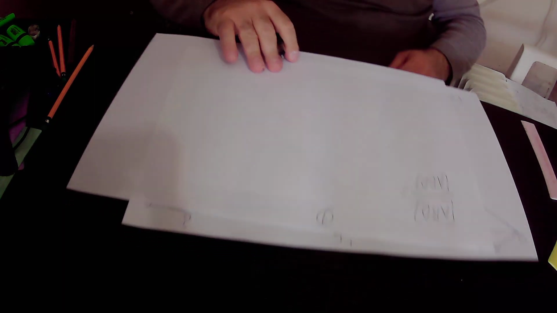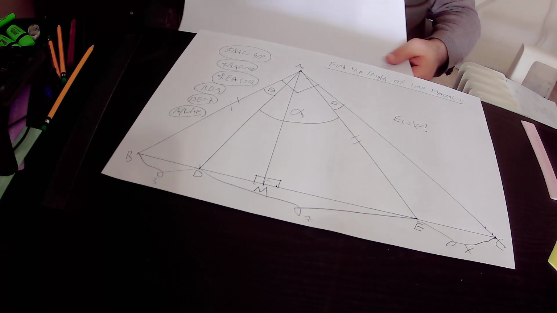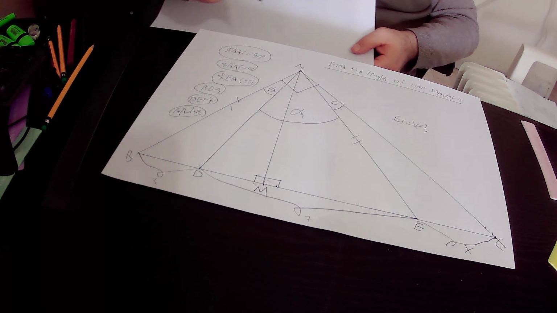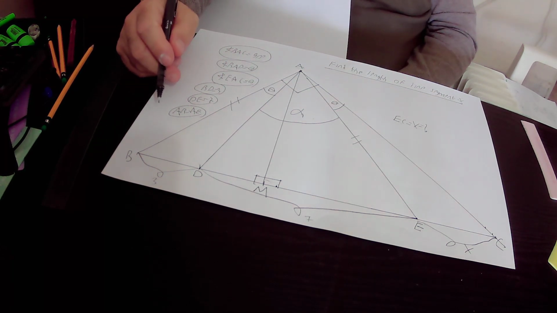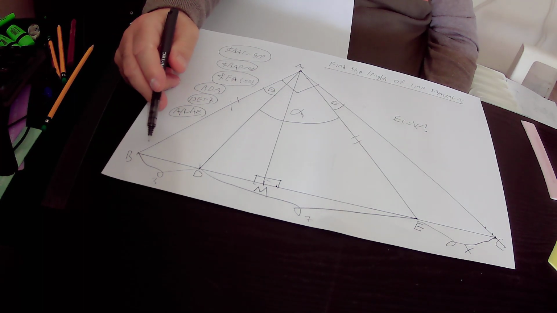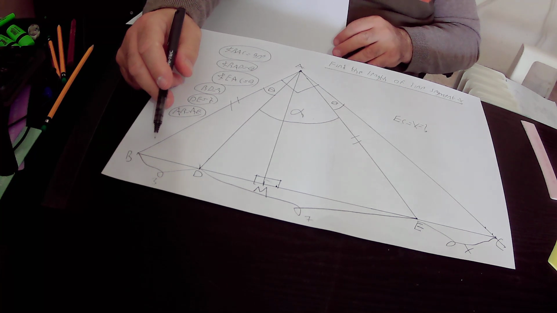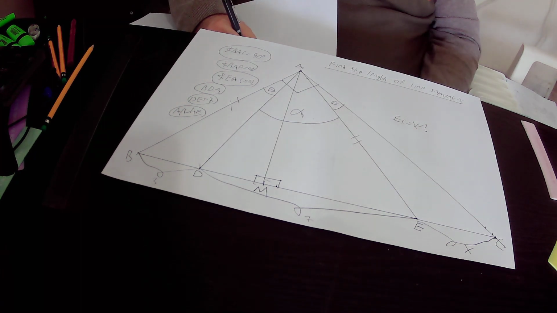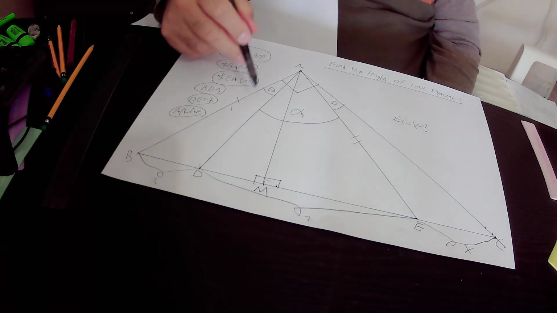So what is the area of triangle ABD? The area of triangle ABD will be equal to the base of the triangle. We will take side BD as the base, so it is the base BD of triangle ABD times the height to the base.